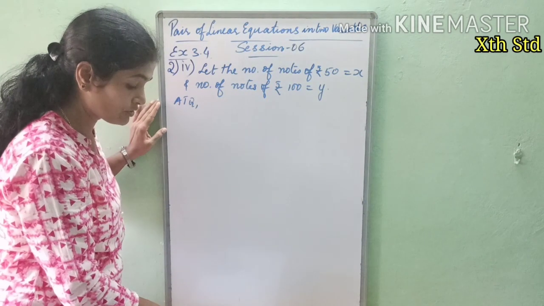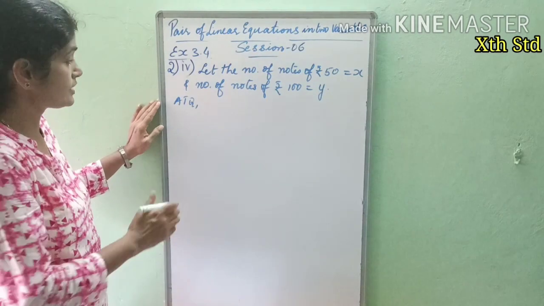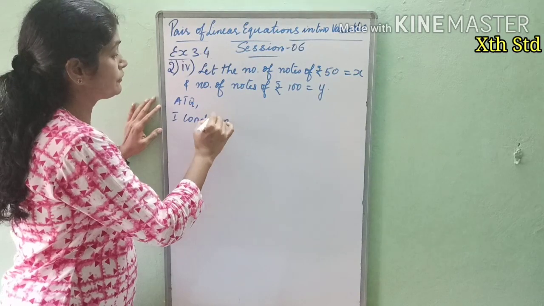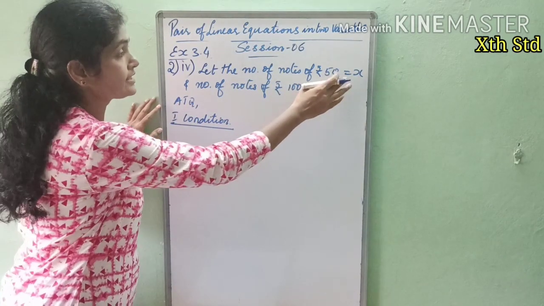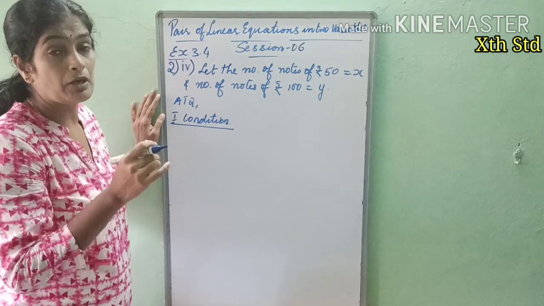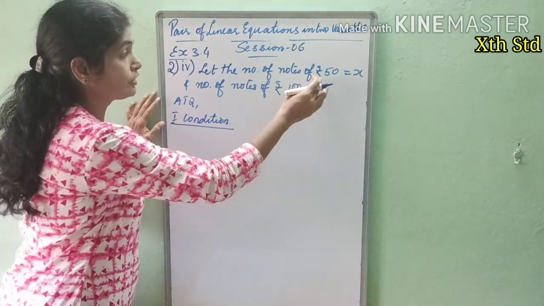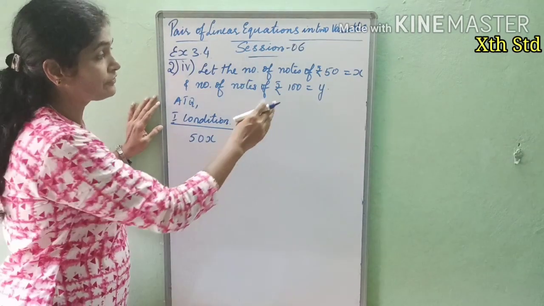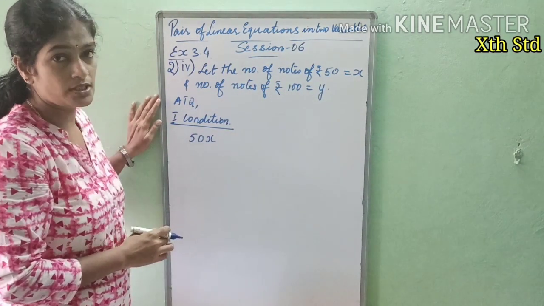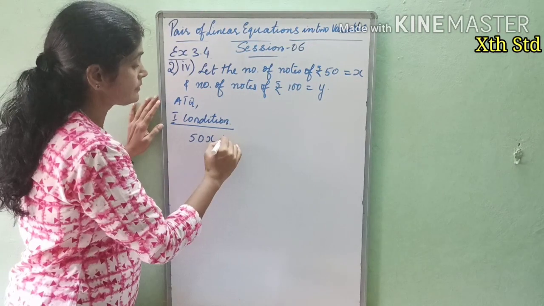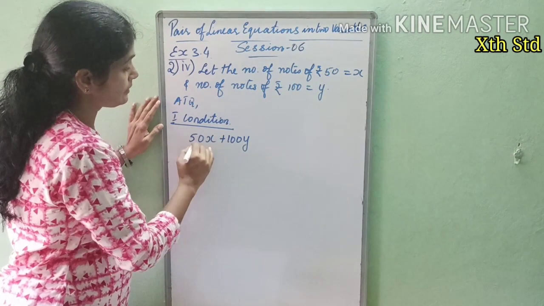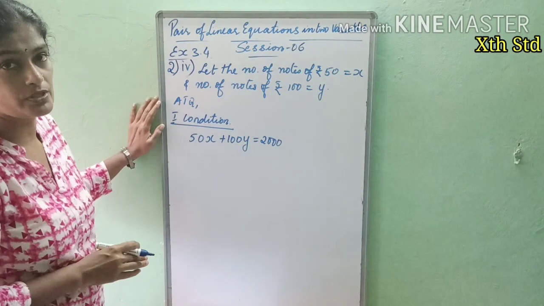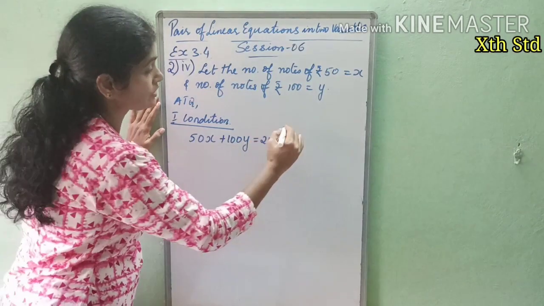She has asked the cashier to give 50 rupee notes and 100 rupee notes. If she gets x 50 rupee notes, what is the amount of money she will get? The amount she gets is 50x, right? And if she gets y 100 rupee notes, the amount she receives is 100y. The sum of these two is 2000 because she is drawing 2000 rupees only. Right. This is the first condition.